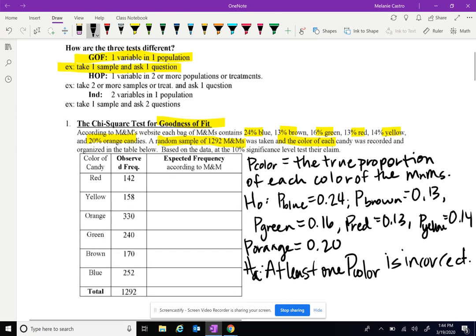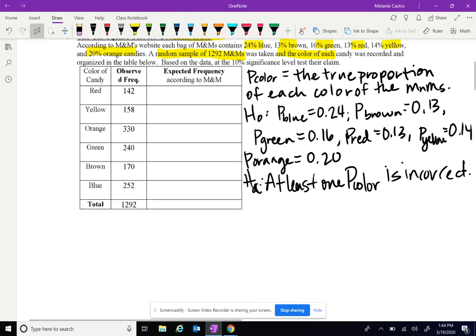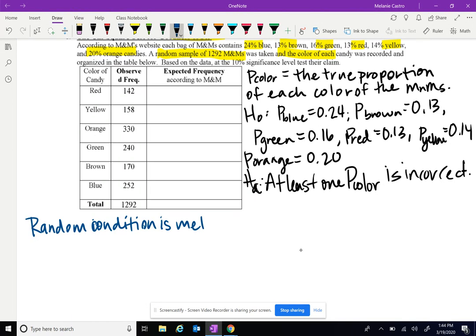Okay. As we go through then and try to check our assumptions, first and foremost is that it was a random sample. So the random condition is met, since it was stated. And there's a fairly large sample of M&Ms.